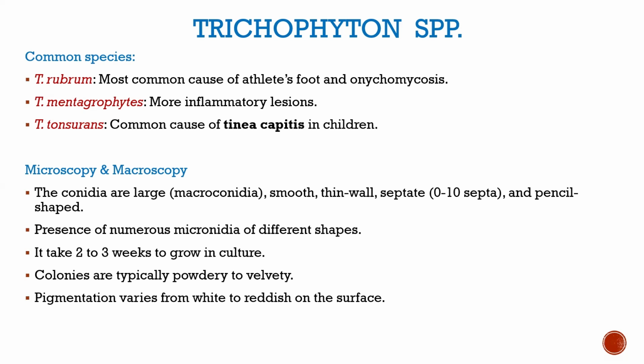What are the features? Is it growing? Is it turning red? Is it turning blue? What's the color of the colony? That's macroscopy. You're observing with your naked eye, maybe on culture media.